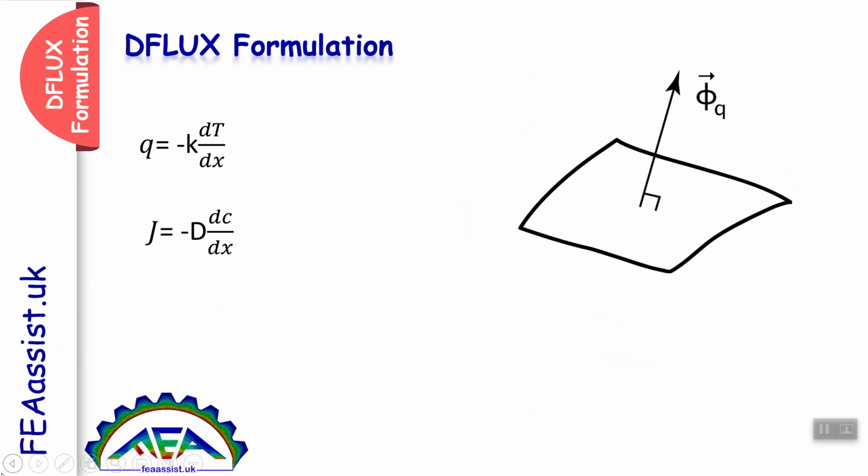Or for mass diffusion problems, it is a function of concentration with respect to x. And in mass diffusion problems, flux is the amount of objects, the amount of atoms, the amount of molecules, the amount of moving objects transferring through a unit of area in unit of time.